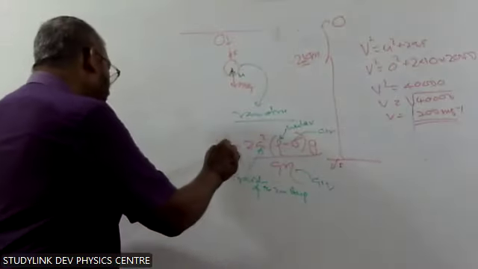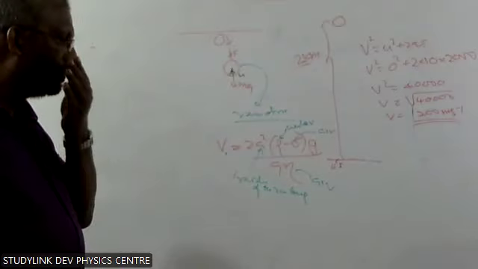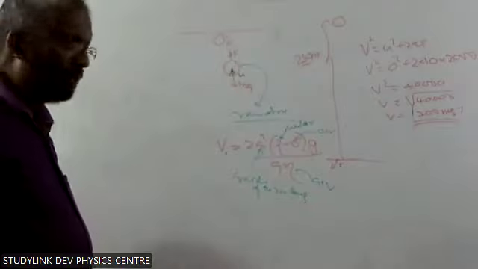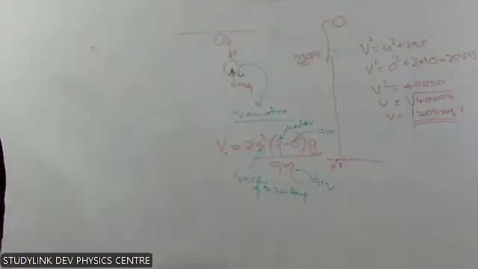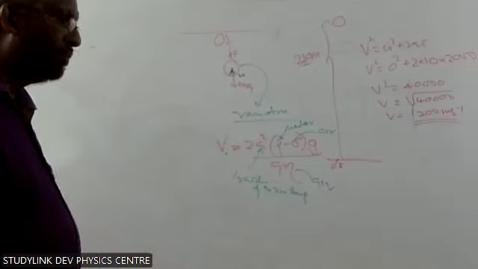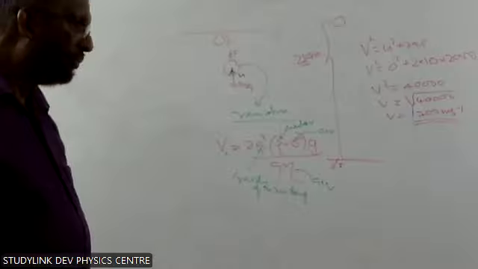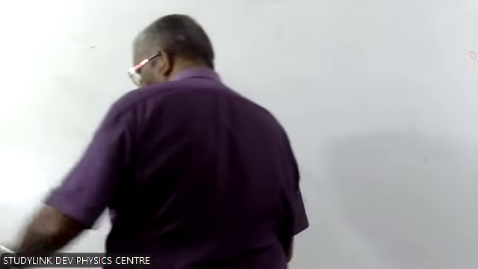Then you can consider the terminal velocity, and that is the velocity with which it comes down to the earth.